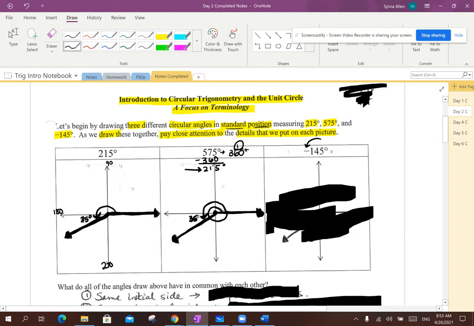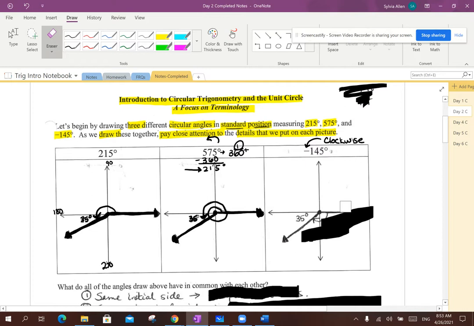So if you notice the negative, that's going to go clockwise. Okay, notice on all of the other ones, we started and we went around counterclockwise. So 145 degrees is going to be, let's take a look. You always start at the origin, positive x-axis.